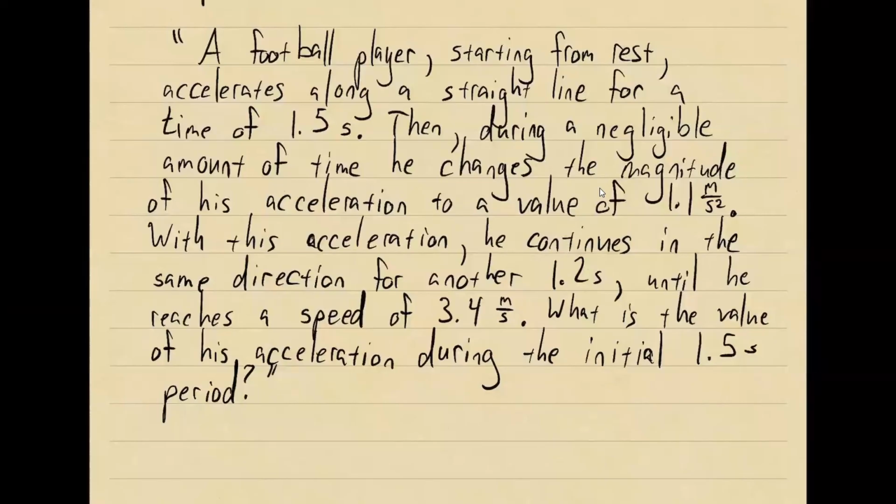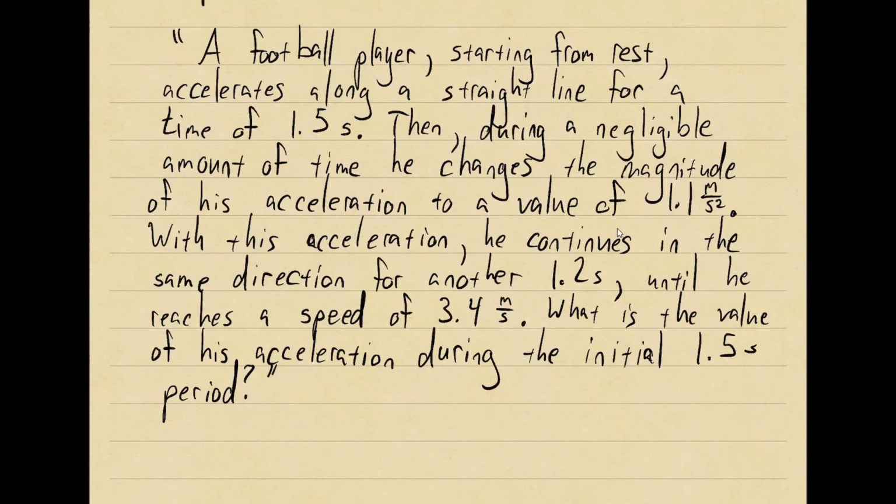Okay, so there's a lot going on in this problem. So there's really two sections to this problem. In the first section, the football player starts from rest, and then he accelerates along the line for 1.5 seconds. And so that's the first part of the problem. The second part of the problem says that during a negligible amount of time, he changes the magnitude of his acceleration to a value of 1.1 meters per second squared. So this whole during a negligible amount of time, that's just saying he almost immediately changes his acceleration to 1.1 meters per second squared.